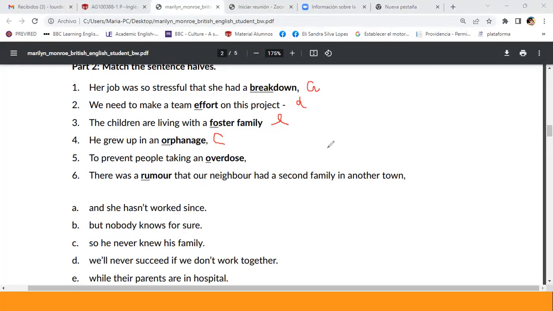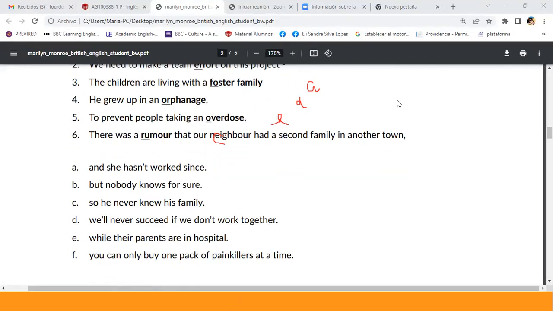Number five. To prevent people taking an overdose, you can only buy one pack of painkillers at a time. Yes, that's correct.